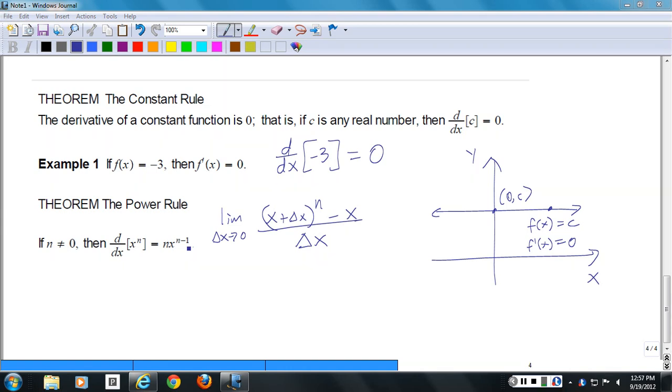So you see two things happening in a particular order. The first thing is that the exponent n comes out in front, and then we subtract 1 from the exponent. So if we wanted to take the derivative, I have to be careful here because we haven't talked about the sum rule or the difference rule yet.